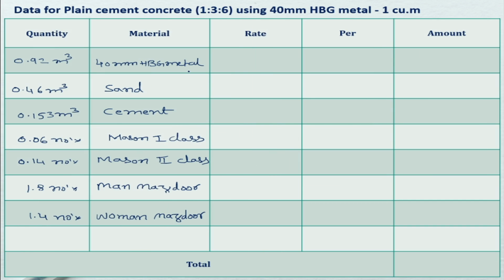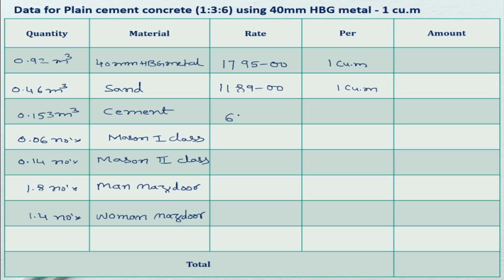From the lead statement, write down the rates of these materials in the rate column. 40 mm HBG metal rate is 1,795 rupees per cubic meter. Sand rate is 1,189 rupees per cubic meter.